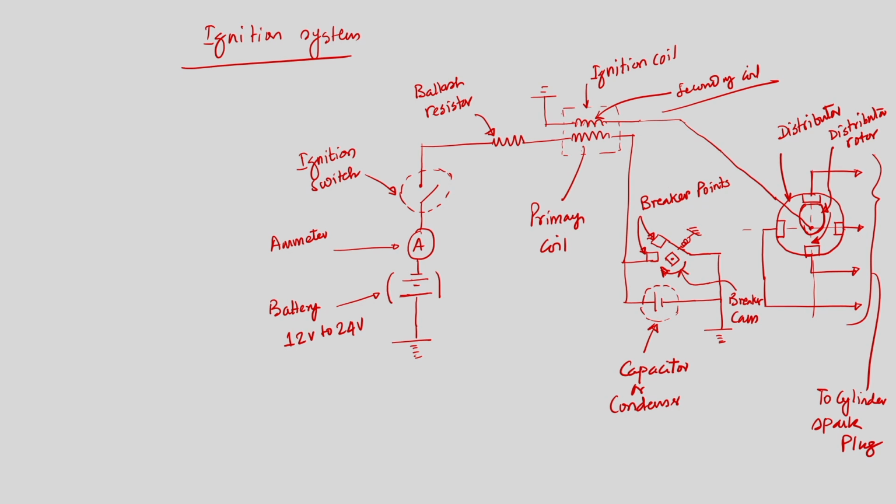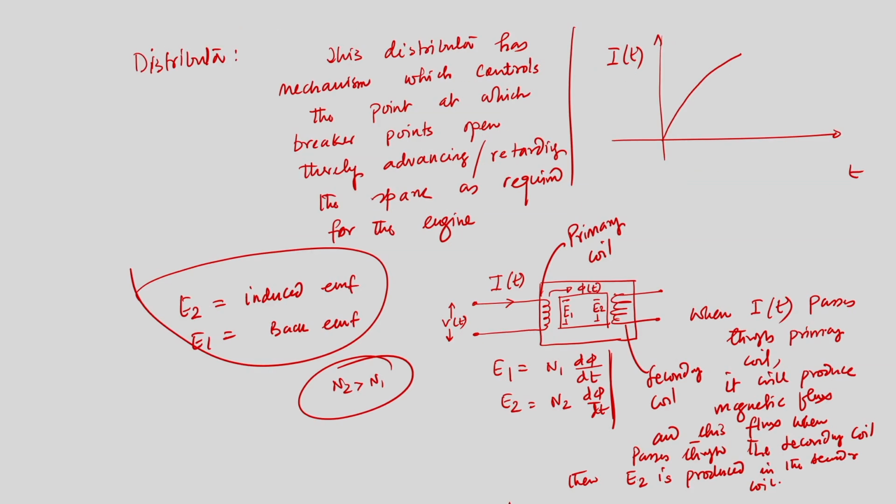Now, when the breaker points are open, the current will try to be 0 in a very short period of time. That means, what we have seen from this diagram, the current will try to fall for a short period of time, it will fall like this, and then we will discuss that it will start oscillating like this.